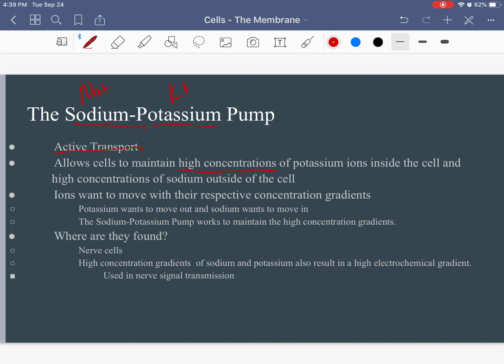So we're wanting to make sure that there are more potassium ions in the cell, and more sodium ions outside the cell. And you might say, why are there situations where you don't want it to be equal? Well, when we maintain that concentration gradient, especially when you're talking about an ion, it helps to maintain an electrical gradient.